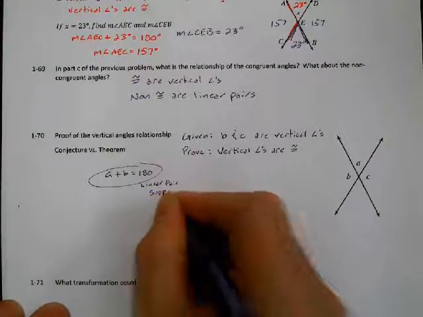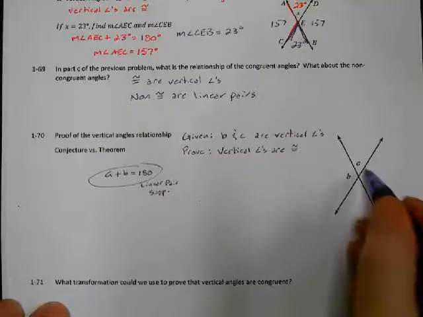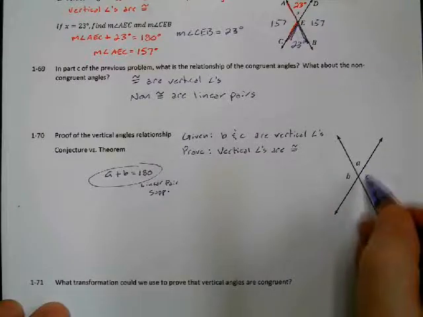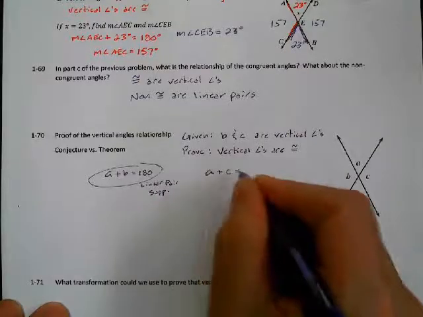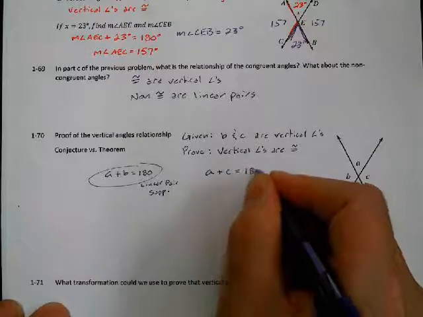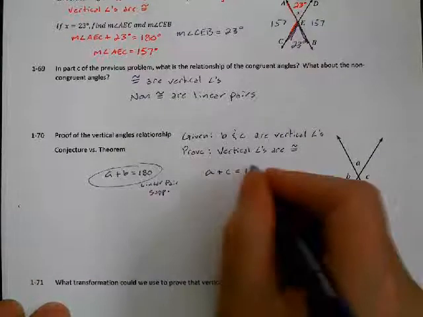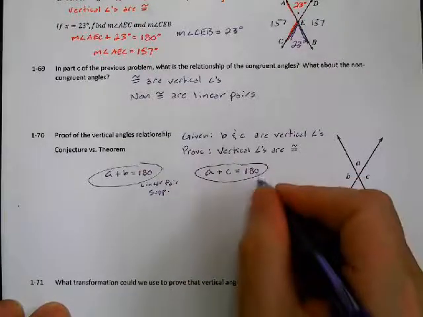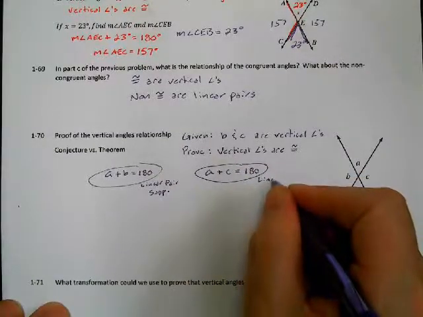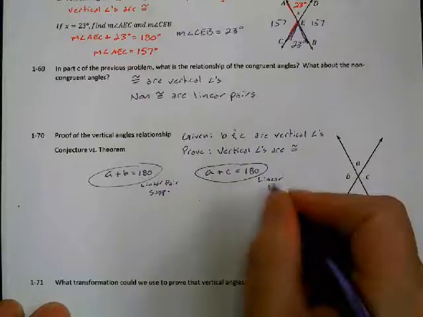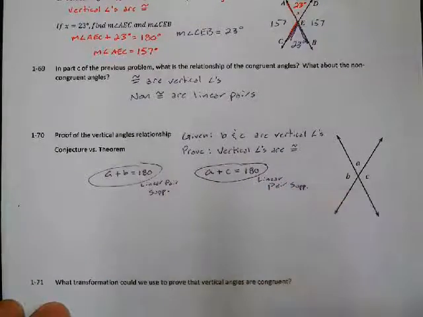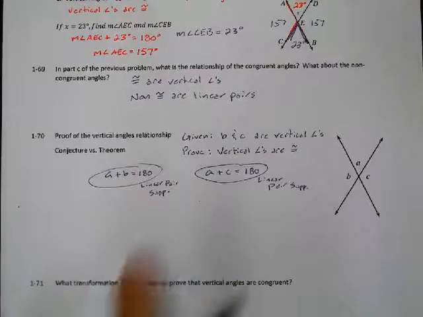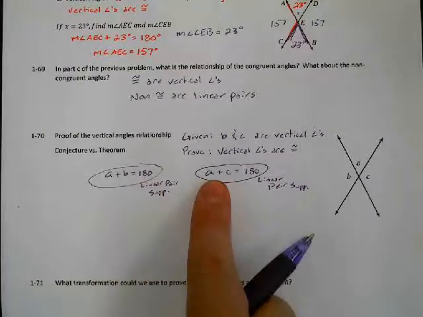I also know that A and C are linear pairs. So I'm going to say that A plus C equals 180 degrees. And the reasoning behind that is the same. Linear pairs are supplementary. All right, so I've got A plus B equals 180, A plus C equals 180.